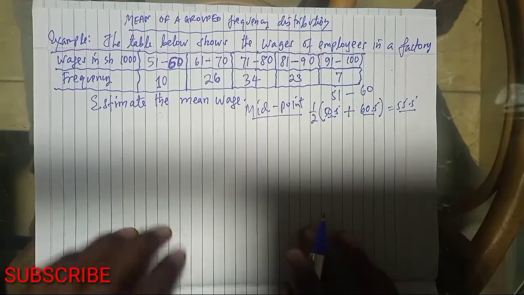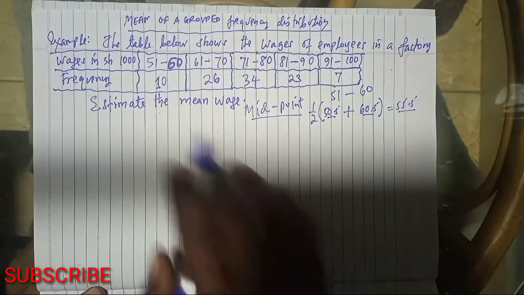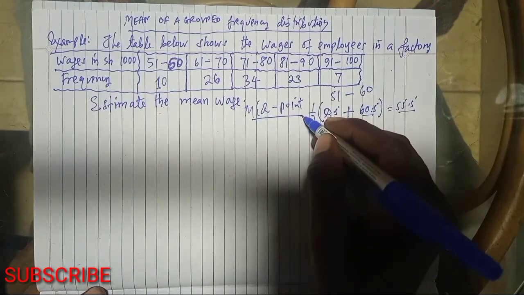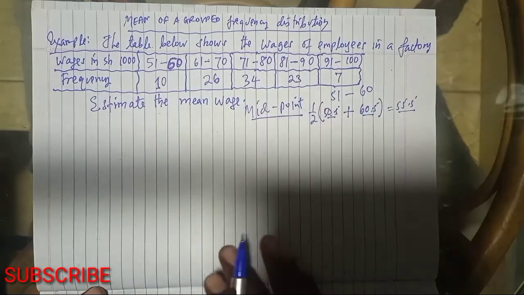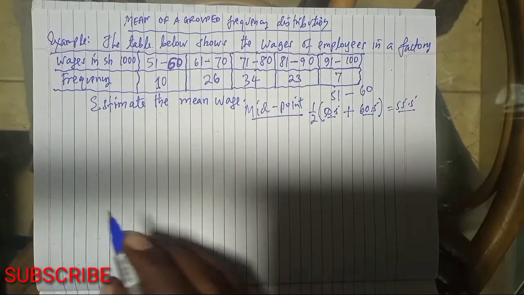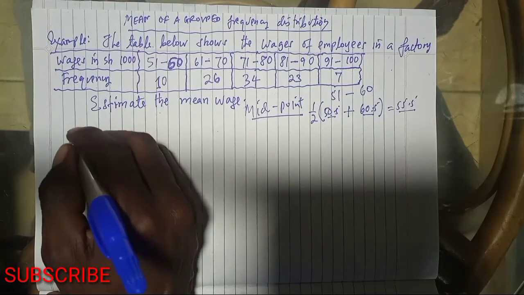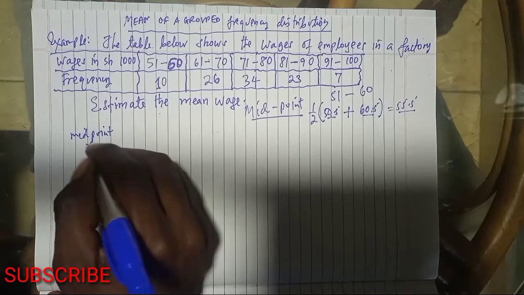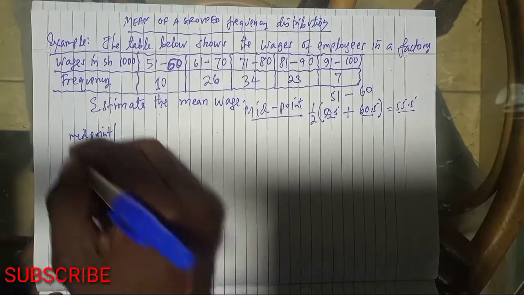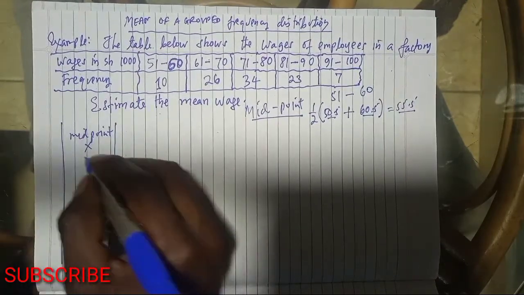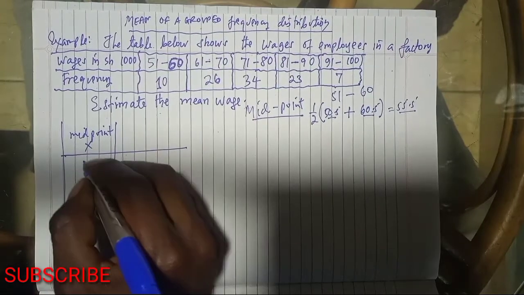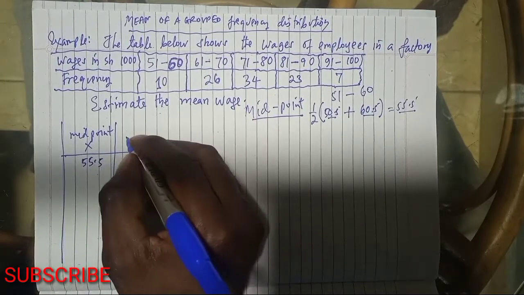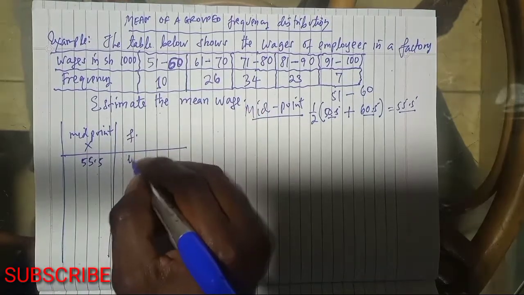Then you represent these numbers by their midpoints as another frequency distribution table. The midpoint is x. The first one, as I said, is 55.5, and its frequency is 10.